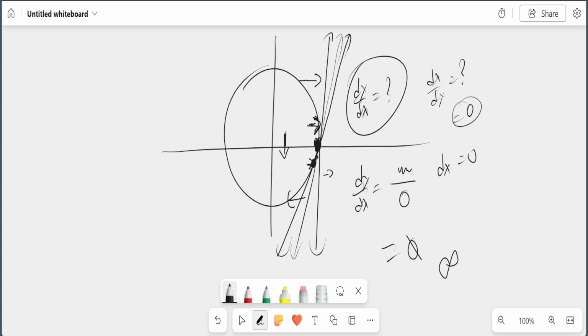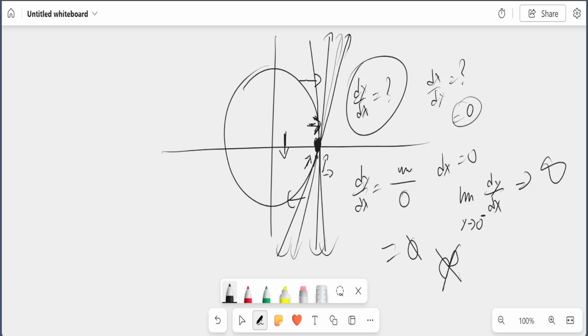From a limits perspective, the limit of dy dx as y gets close to 0 from the negative side, from this way, goes to infinity. So as y gets closer this way, our slope is going to go to infinity. But we don't say that it's equal to infinity because on this side, it's going to negative infinity.